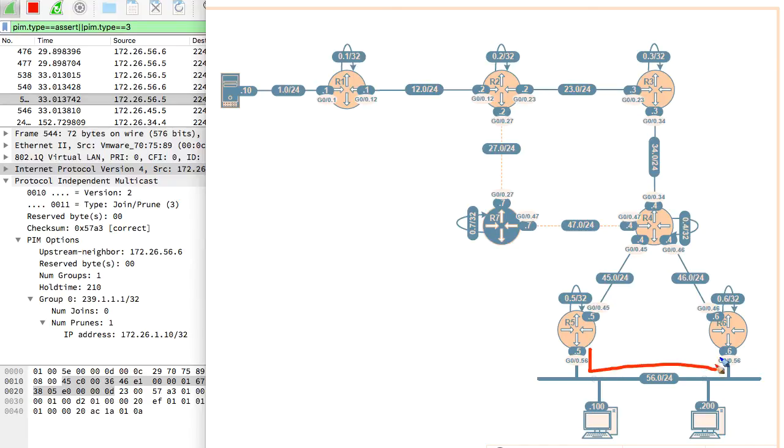It sends a prune to R6 to tell R6 that, hey, we're not going to do this anymore. I've lost the assertion and it's your network now. You can forward traffic. But now, because there is nothing left in the OIL, the last interface in the OIL is now pruned. So it's also going to send a prune back to R4. And R4 is then going to prune this interface. So that is that second prune that you see here.